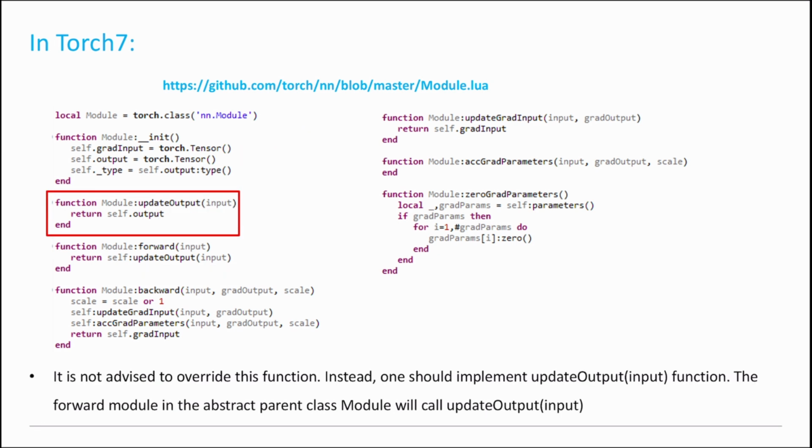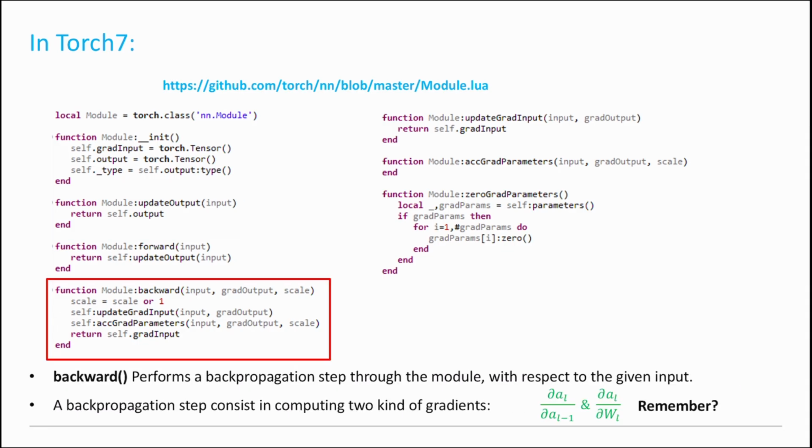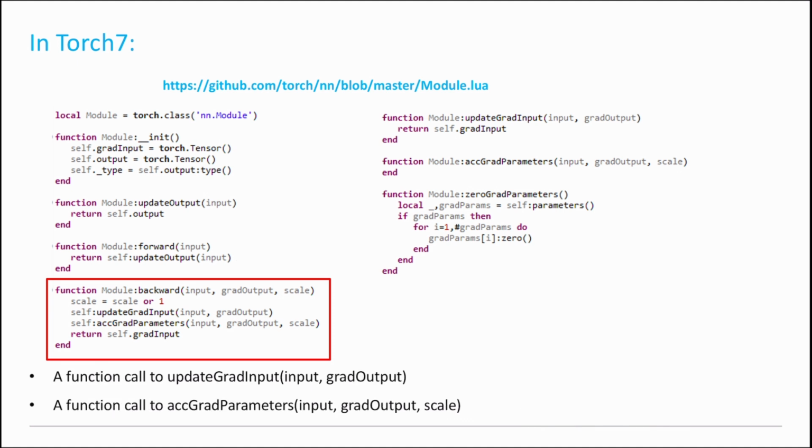Now let's not worry about this, you will see when you define it, and then this is the backward, right? So the two main functions, like I mentioned earlier, the forward and the backward. And in the backward, look at what we are doing. We are performing backprop steps through the module with respect to the given input. And backprop steps consist of computing these two gradients. Remember, the gradient of output with respect to input and the gradient of output with respect to weights. And this is what we are doing right here, right? So we call the update grad input.